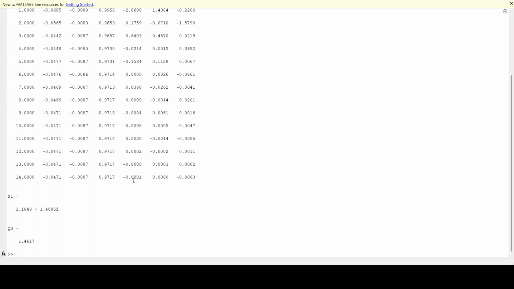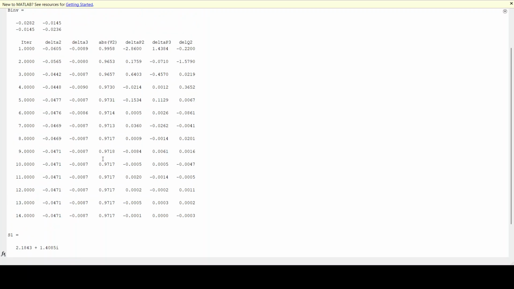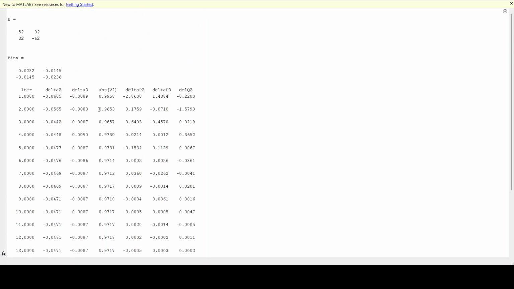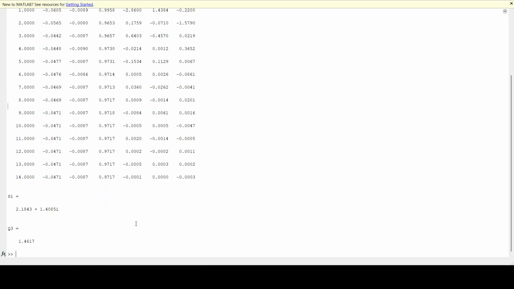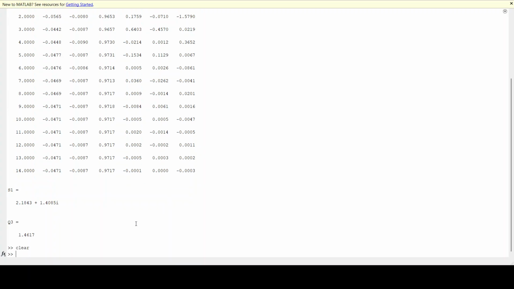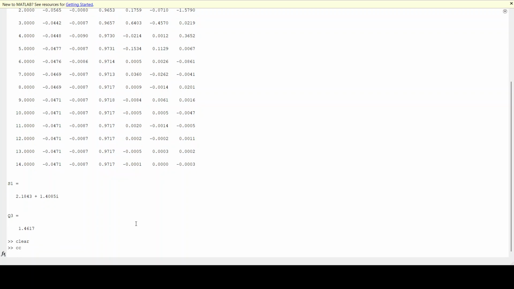Now let's run the code. As you can see, the results are obtained here, including the power flow S1, and this is the result of the iteration. Now we'll go to the final slide.